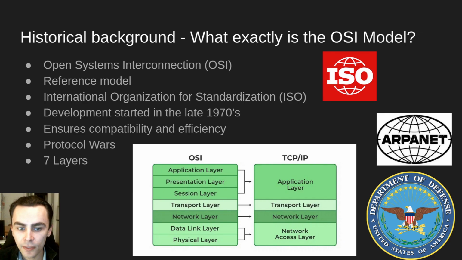During this time, the US Defense Department were the ones who controlled the world's biggest computer network at the time, called ARPANET. On the 1st of January 1983, the US Defense Department decided to switch the protocol of ARPANET from the old NCP protocol to their new TCP/IP protocol suite that they had recently created.